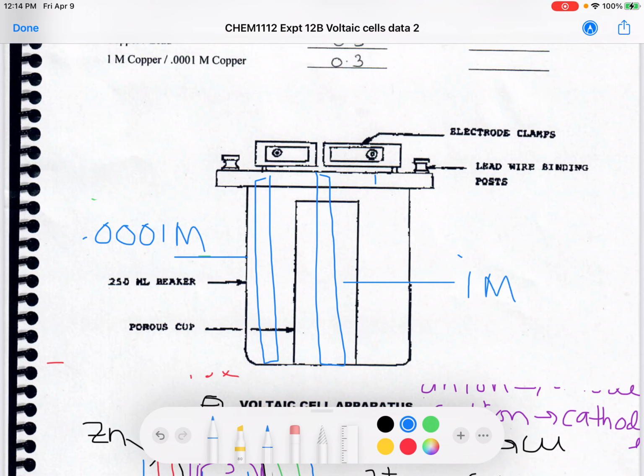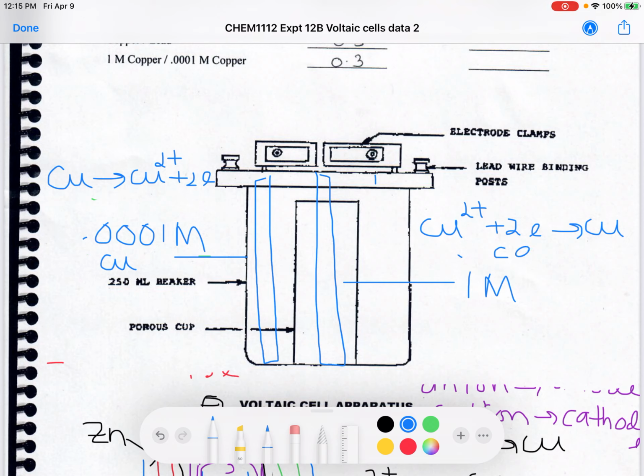What is happening here is copper solid becoming copper ions, Cu2+, plus 2 electrons. And then the 2 electrons that are generated go to this side. So the copper 2+ ions take those 2 electrons and become copper at the cathode.